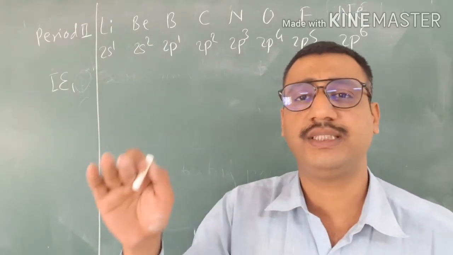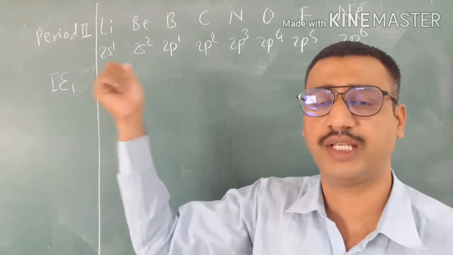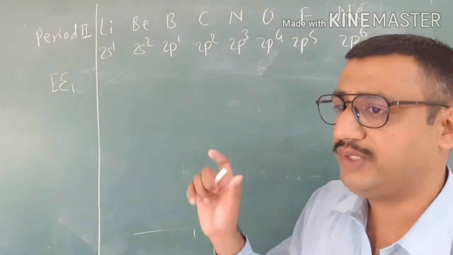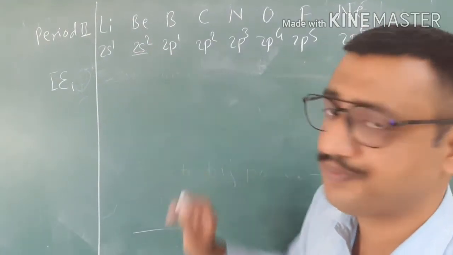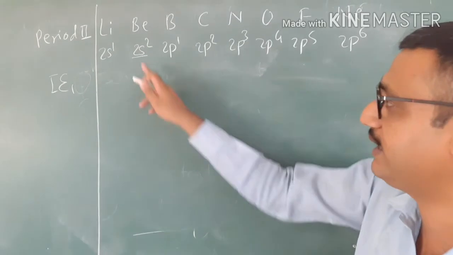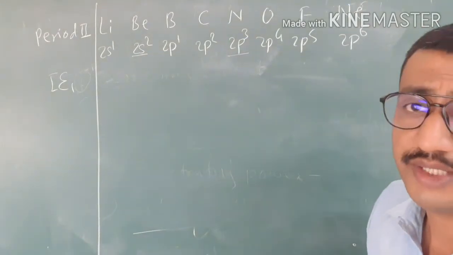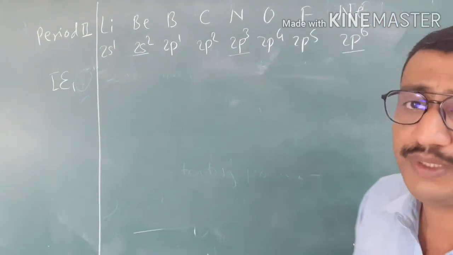But now our question is, how to arrange these elements as per their first ionization potential value. So firstly we should see which has a comparatively stable electronic configuration. I will underline here 2s2 because we studied the rule, last shell s subshell with 2 electrons, that's why it is comparatively stable. 2p6 is also comparatively stable, and the highest ionization potential is for neon, 2p6.